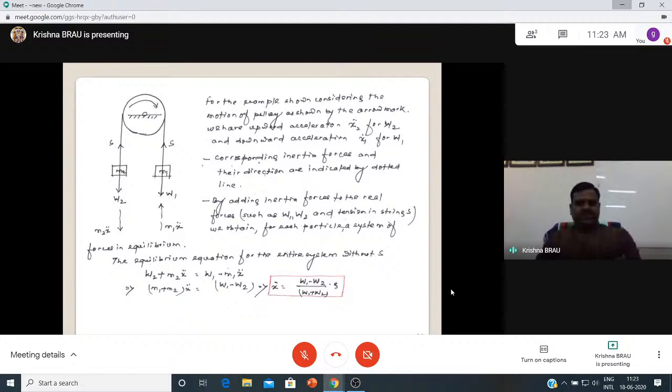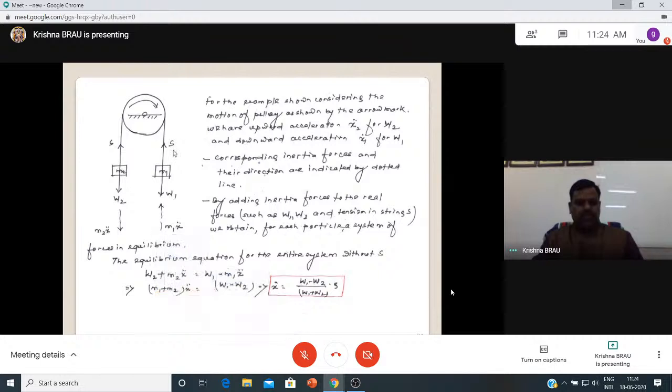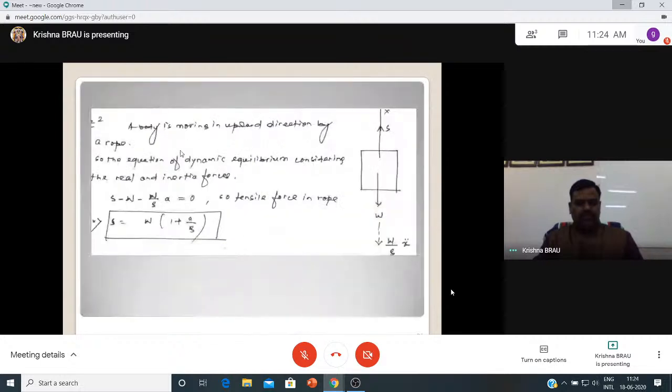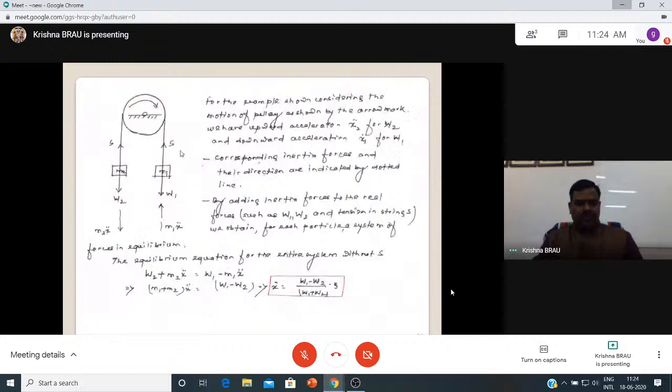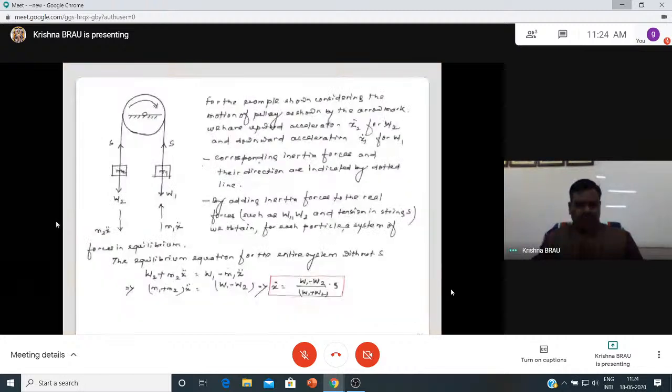Now consider the weights acting downwards, W1 and W2, and tension acting upward.